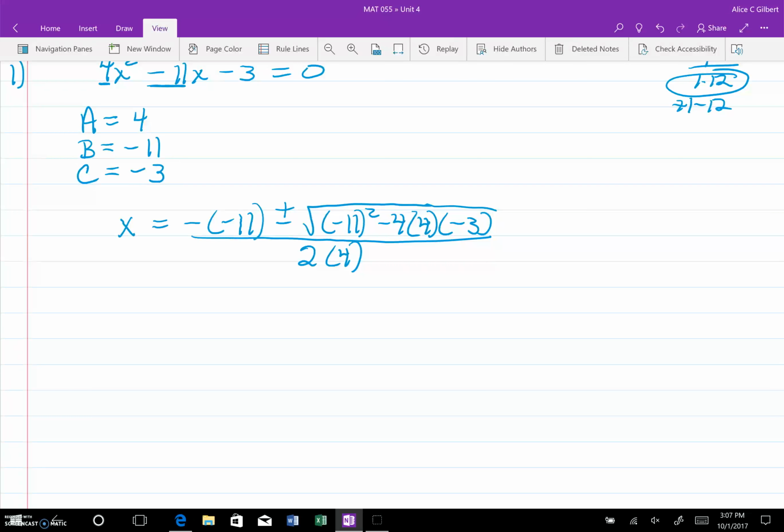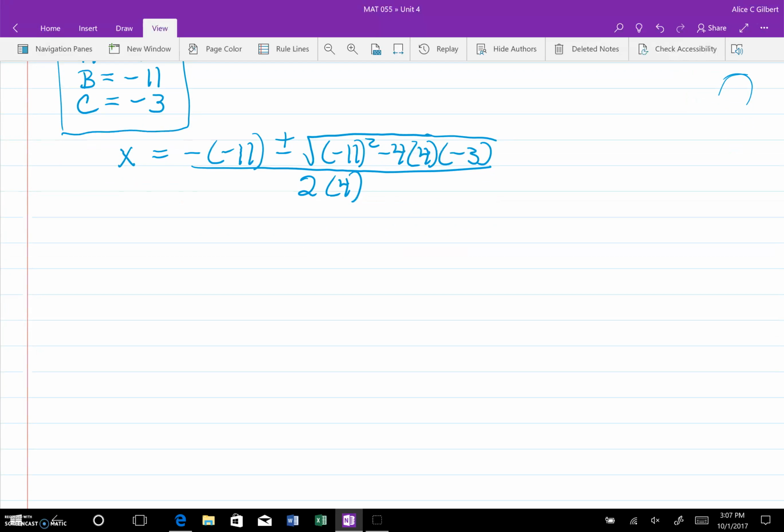Now, as I was saying the generic formula, I was writing in A, B, and C right here, so it's easy for me to just glance up and see which numbers I need to grab, okay? And now all I have to do is the calculations.